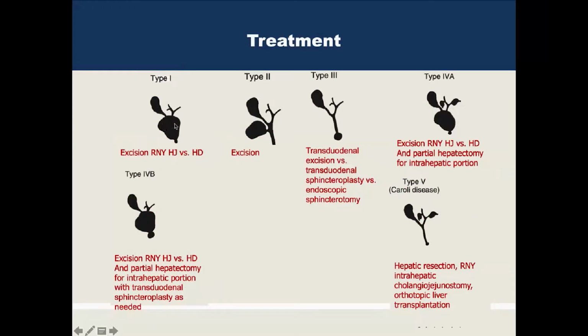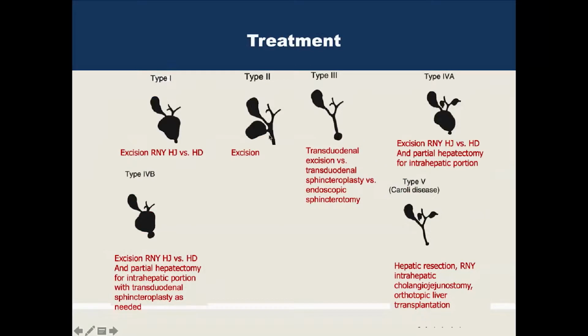So for type 1, if I can remind you, it is a single solitary extrahepatic fusiform dilation. These cysts can be managed by excision of the entire extrahepatic biliary tree with a Roux-en-Y reconstruction, either a hepaticojejunostomy or a straight hepaticoduodenostomy.